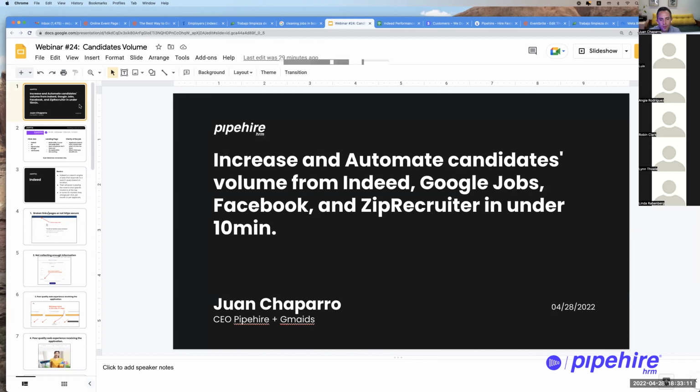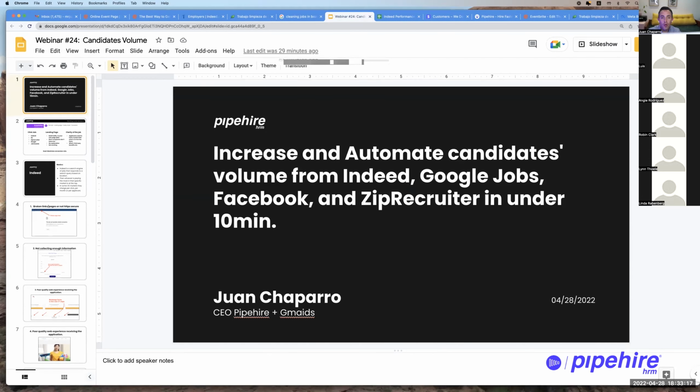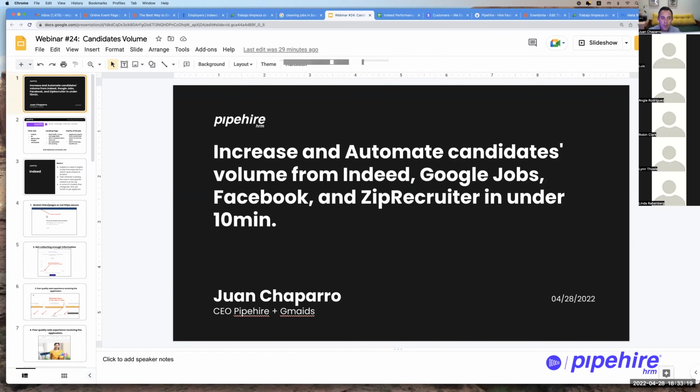Google Jobs. As most people don't know, Google is trying to really compete and provide a better search experience for job seekers. Most people don't know that Google is working hard to bring a competitor to Indeed as far as search volume.